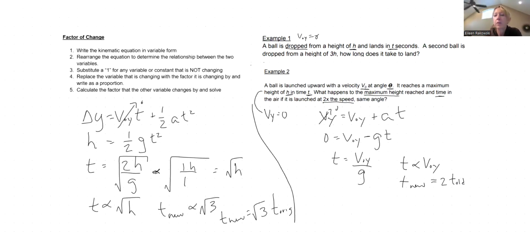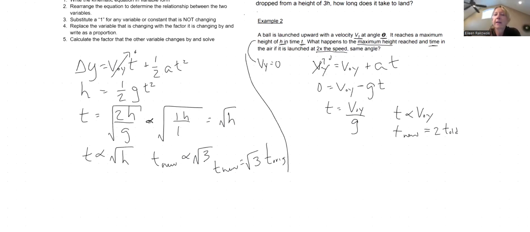Okay, the next part is we have to figure out how that affects the maximum height. So I need an equation that relates maximum height to speed. And we also know that v at the top is 0. So I'm going to go with Vy squared equals v initial y squared plus 2a delta y. Again, we know that this goes to 0.